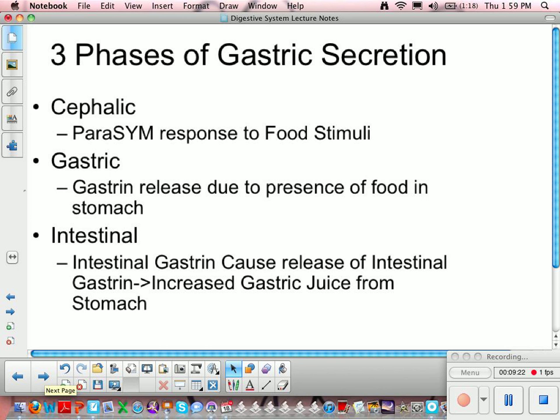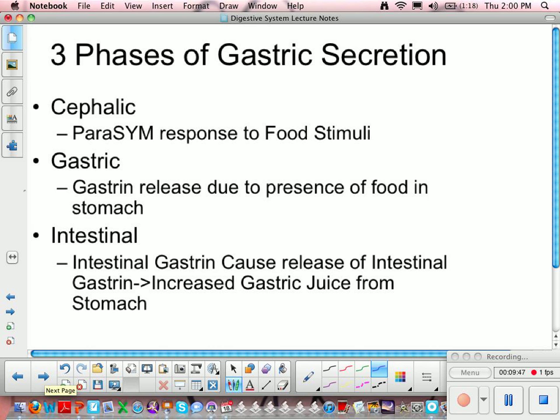There's three phases of gastric secretion. This is when our stomach will produce the enzymes and the acid that we need. The three phases are in order of when they occur.